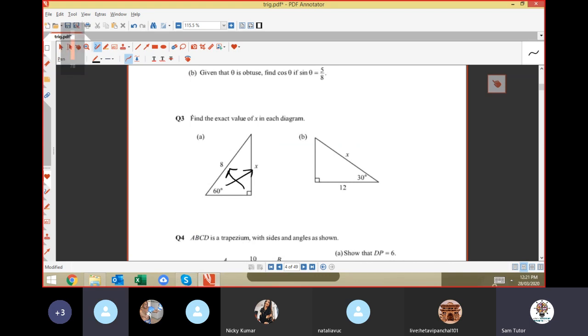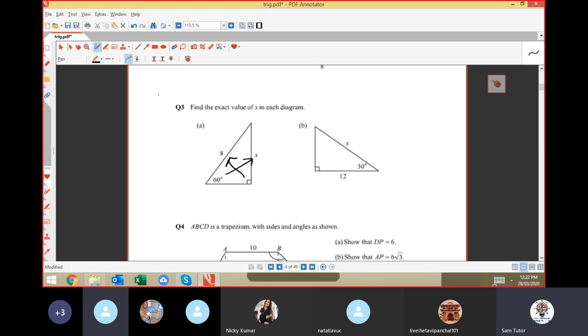Meta, it's your turn. Let's try this one here. Do you know what trig ratio I'm going to be using for this one? No. Do you remember your acronym for right angle trig? No. Let's do it.